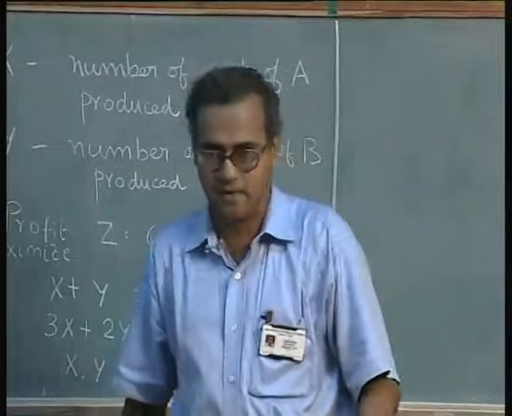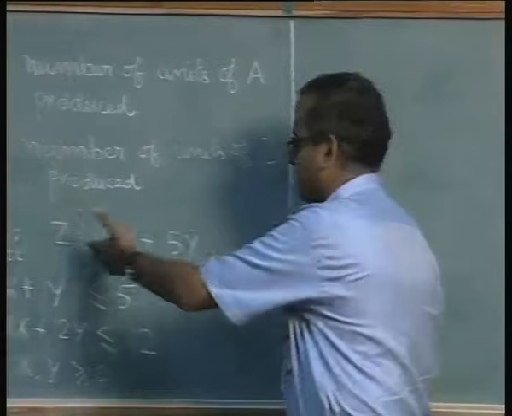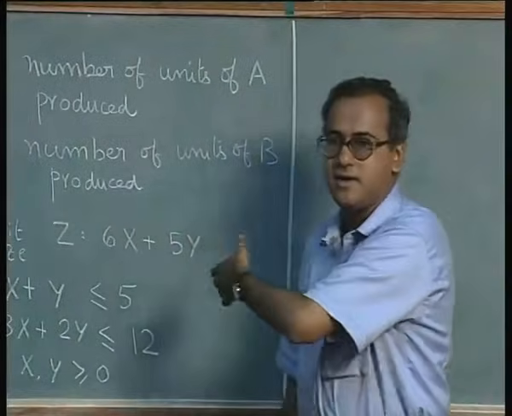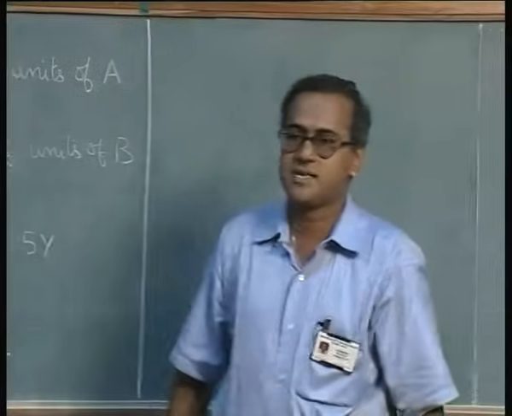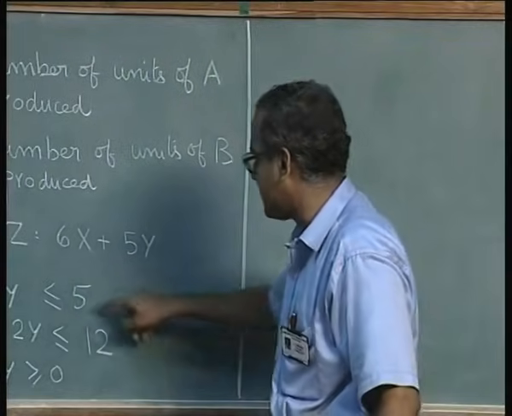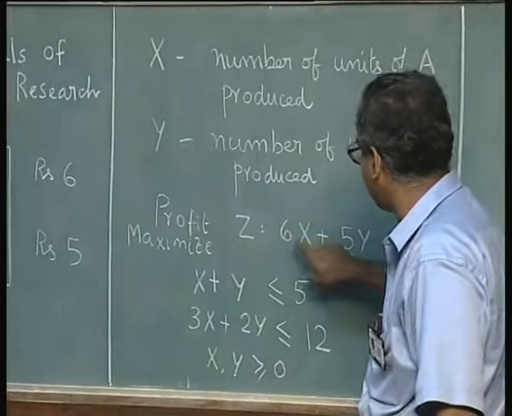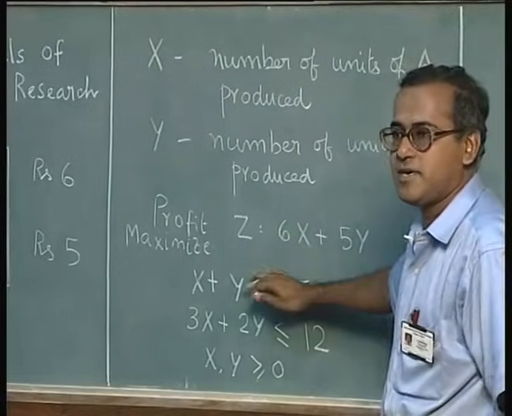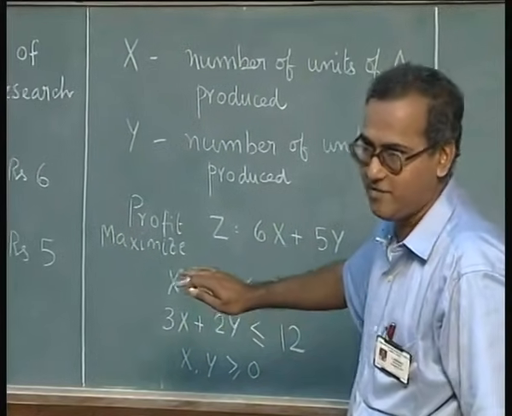Because if we simply want to maximize 6x plus 5y without these constraints, then x and y can take as high a value as possible. Now these constraints restrict the decision variables from taking an unlimited or a very high value, so they are important.